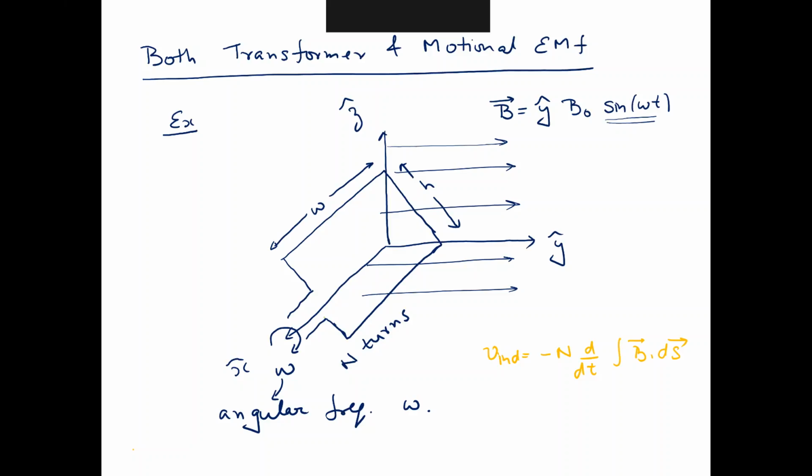I am again going counterclockwise, so I am assuming that the current is flowing this way, which means this is positive, this is negative, thus I get V induced here. I'm still going to assume that. But if you notice, once my loop is rotating about the x-axis, this dot product changes with time too.